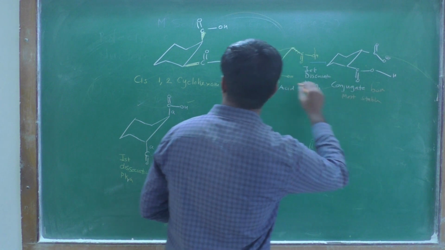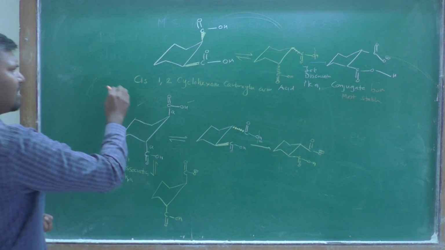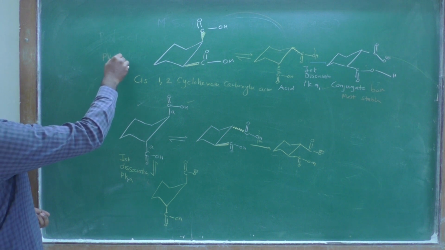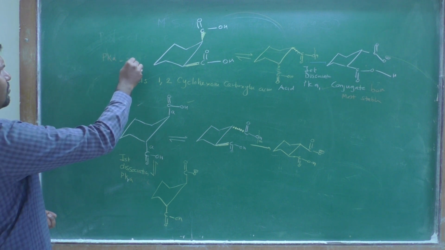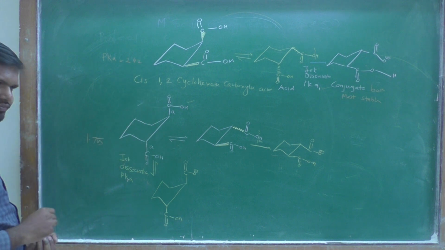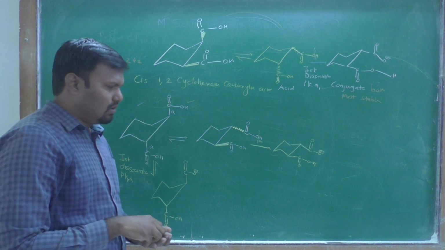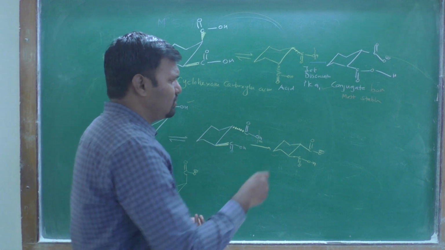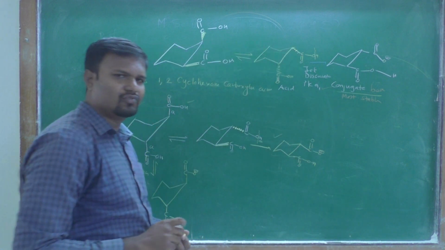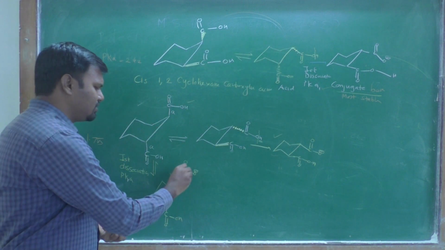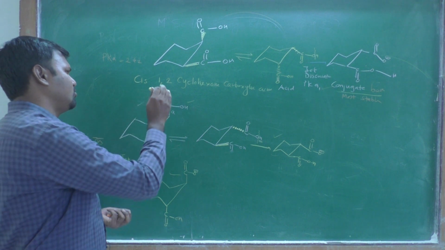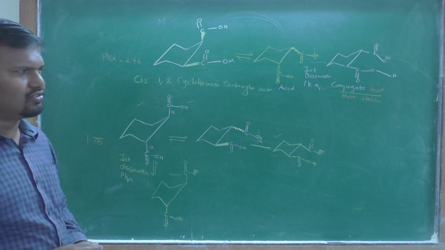We are comparing the difference between the pKa values: 2.42 for this and 1.75 for this. This conjugate base is more stable than that base. We are comparing the cis isomer with the trans isomer.